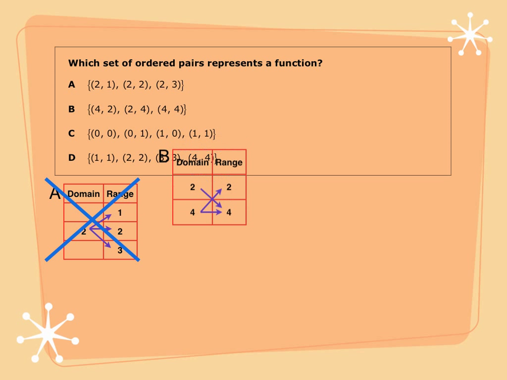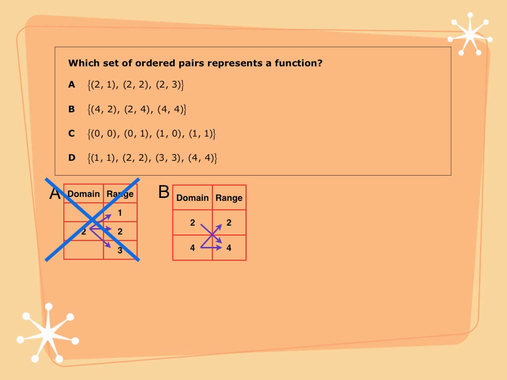When I map B, it has 2 domain values, 4 and 2. It also has 2 range values, 4 and 2 again. Be careful here when you draw your mapping diagram. The domain value 4 would be mapped, we need to draw an arrow to 2 because my first ordered pair is 4, 2.